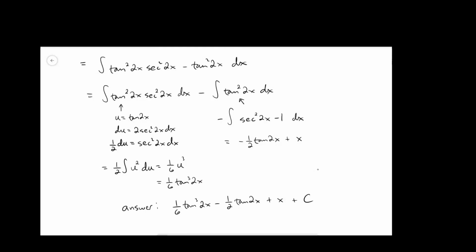Looking at this for the first time, it's probably kind of confusing what's going on here, but you can see we're making heavy use of the Pythagorean identities, the fact that the derivative of tangent is secant squared, and the fact that the antiderivative of secant squared is just tangent. So any questions? Not. Let's do the next one.